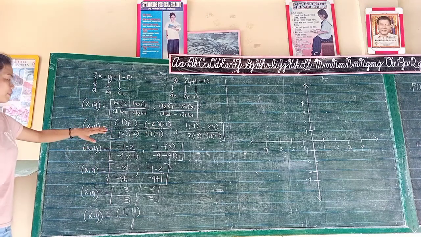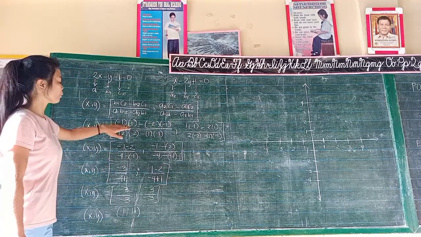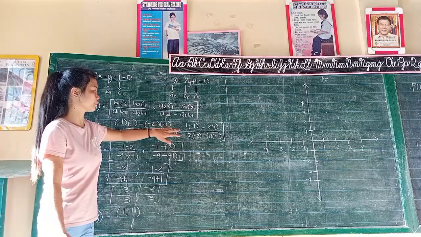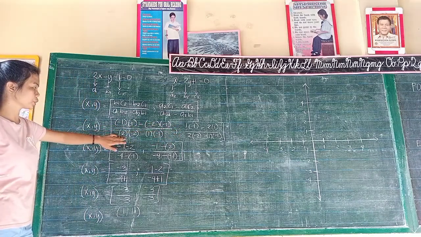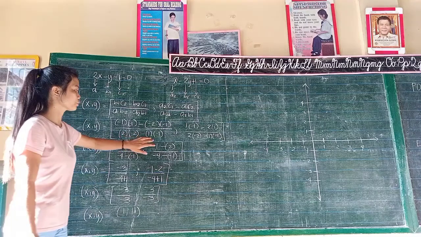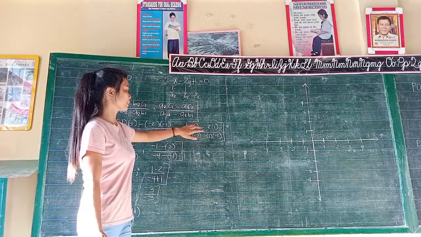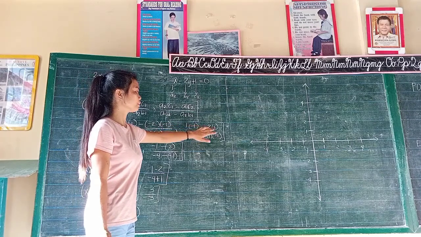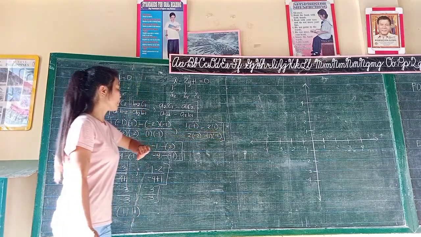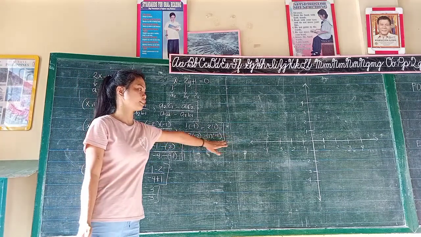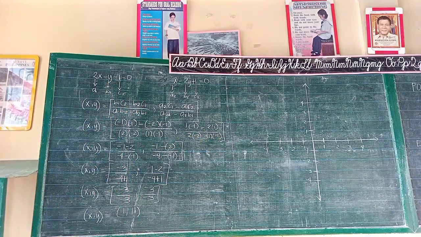The coordinates of x and y equal negative 1 times 1 minus negative 2 times negative 1 all over 2 times negative 2 minus 1 times negative 1, and 1 times negative 1 minus 2 times positive 1 all over 2 times negative 2 minus 1 times negative 1. And simplify.